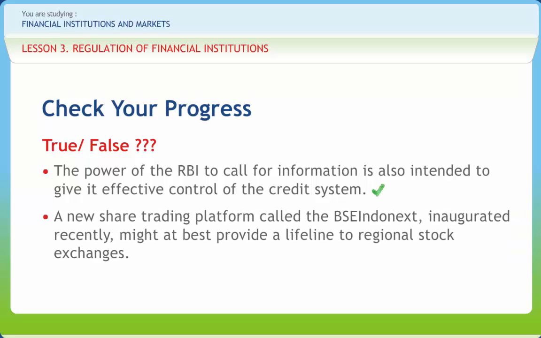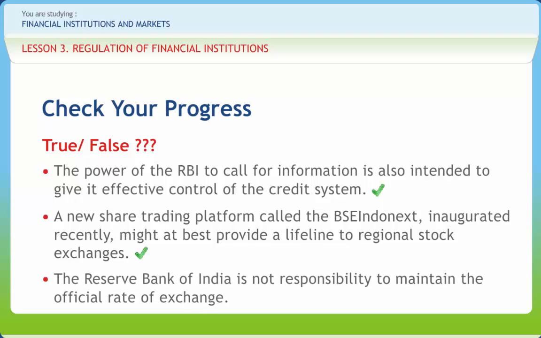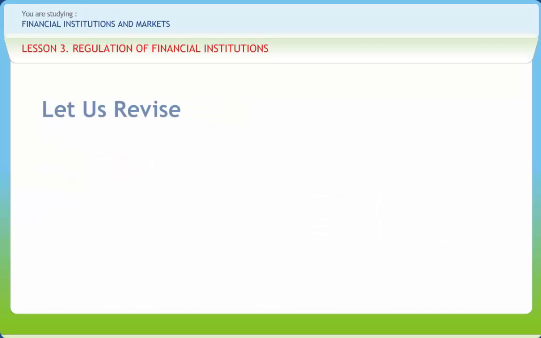A new share trading platform called the BSE Indonext, inaugurated recently, might at best provide a lifeline to regional stock exchanges. Right or wrong? Right. The Reserve Bank of India is not responsible to maintain the official rate of exchange. Right or wrong? Wrong.